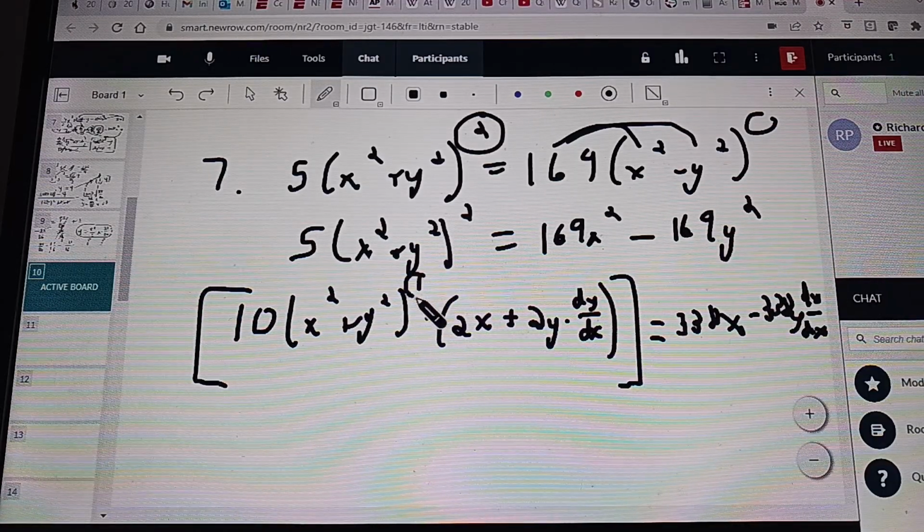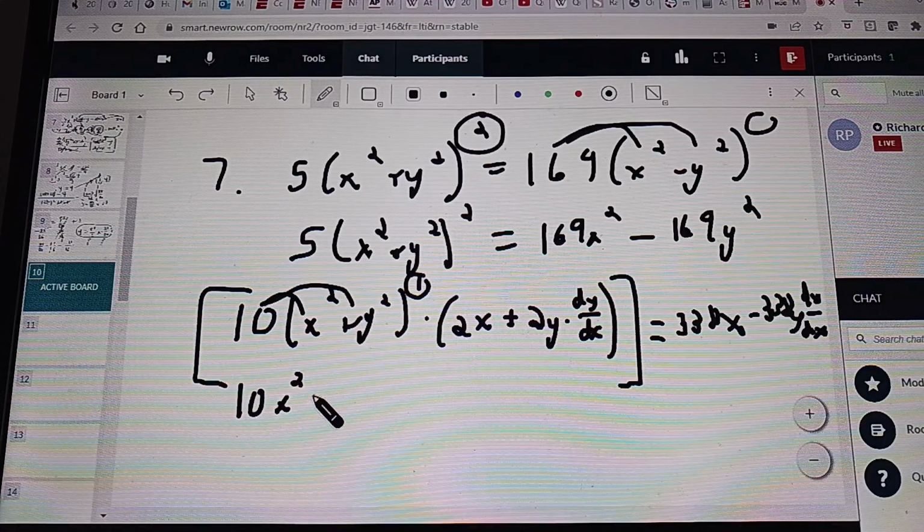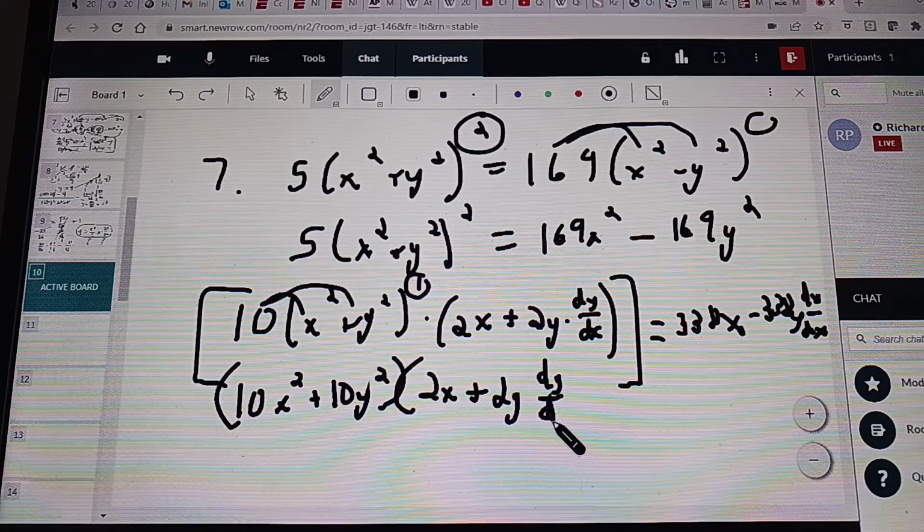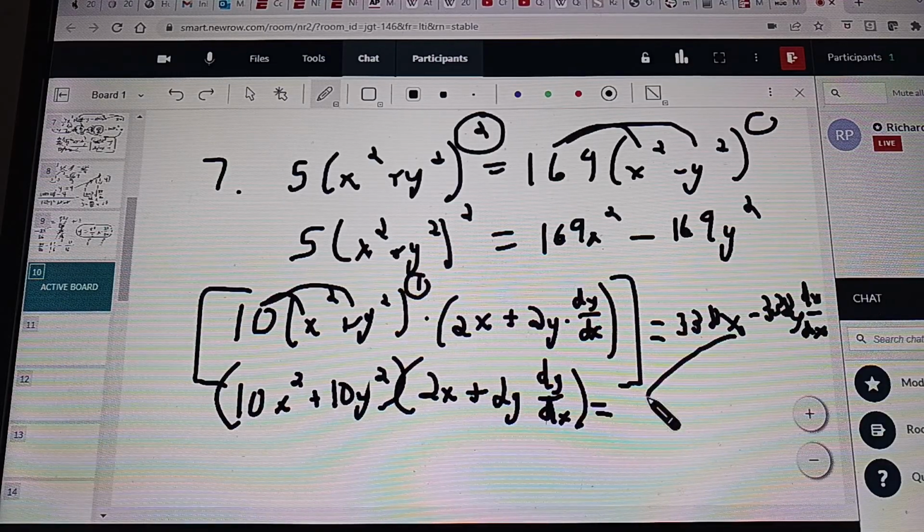Okay, now that this is a 1, you could distribute this 10 now. So 10x squared plus 10y squared. This one's going to get messier than I thought. And then this stuff's here, but instead of rewriting it, I still have work to do over here.